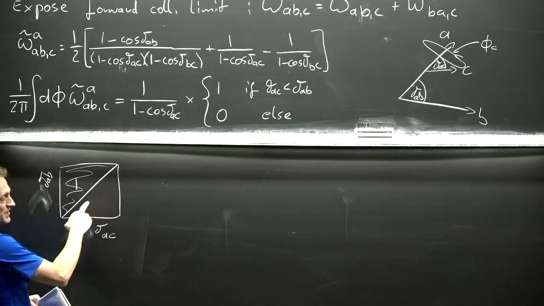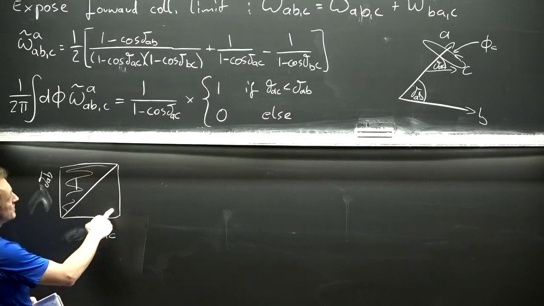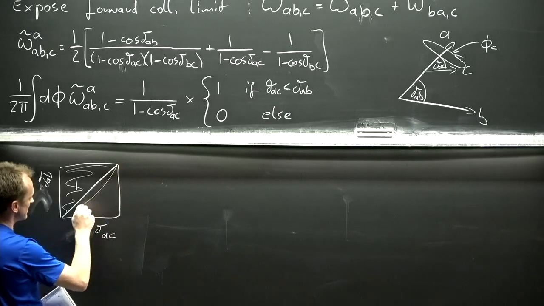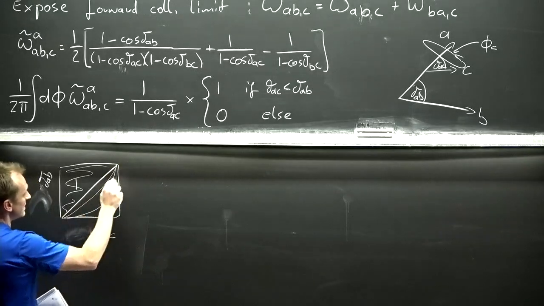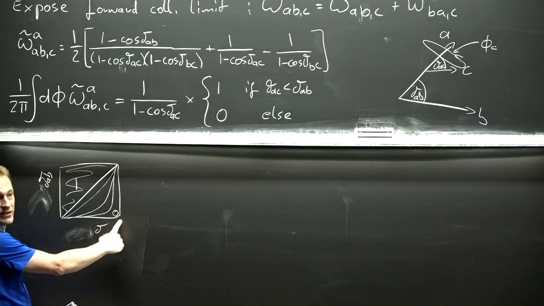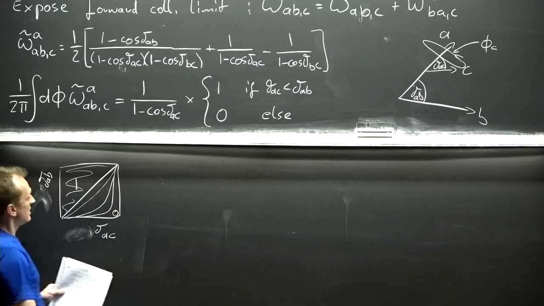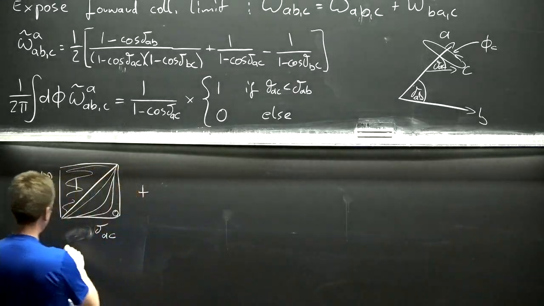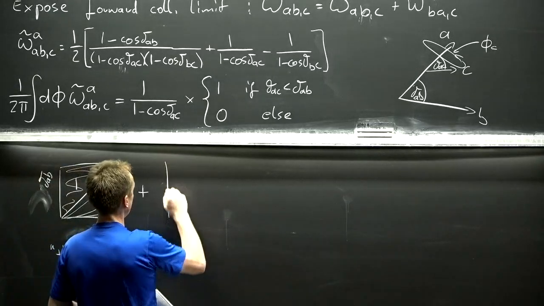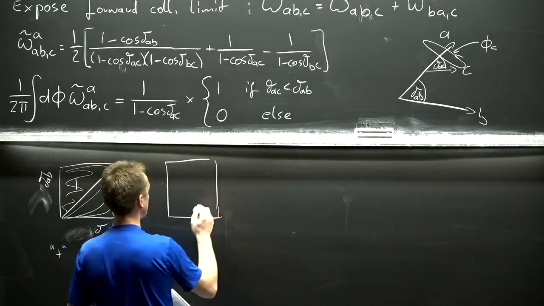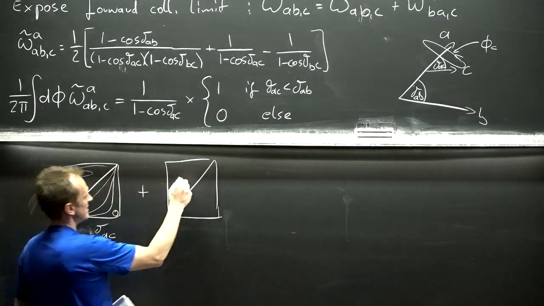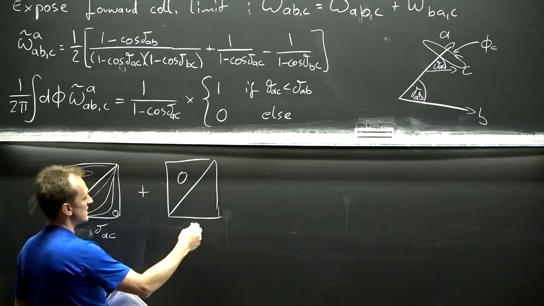However, the matrix element is by no means 0 in this region, because it's only 0 when I integrate over the azimuth. And if I plot the contour lines of the matrix element in this region, then it looks somewhat like this. And down here in this corner, it actually goes to 0. So this is kind of the positive part. And then I have here, as the next one, the negative part. Because this is already 1, I cannot subtract anything more. So I get a 0 in this upper region.